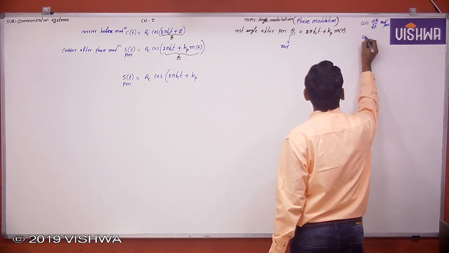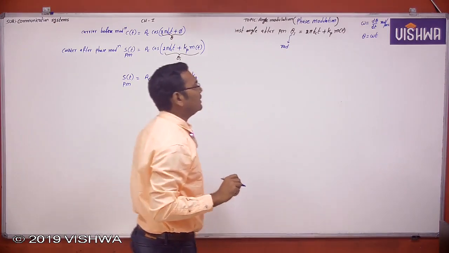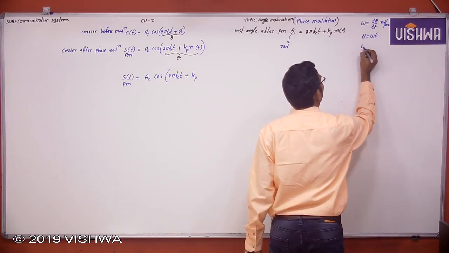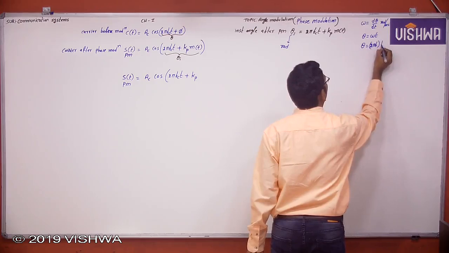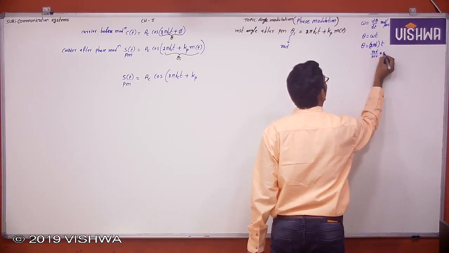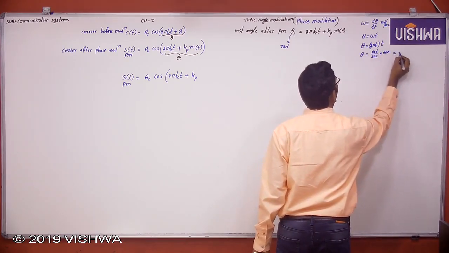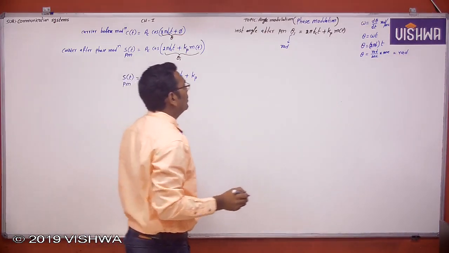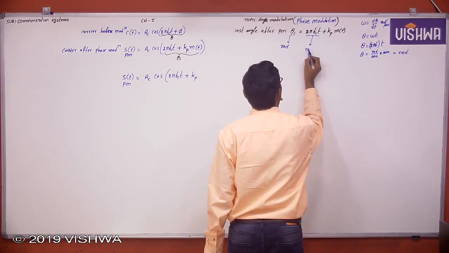Theta is equal to omega t, or theta equal to 2 pi f into t. This is radians per second into second, the seconds cancel, therefore it is radians. So this is radians, therefore this is also radians.